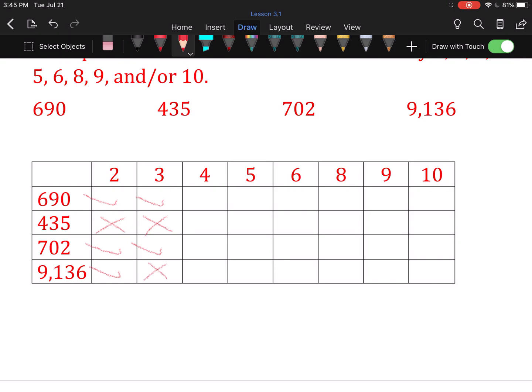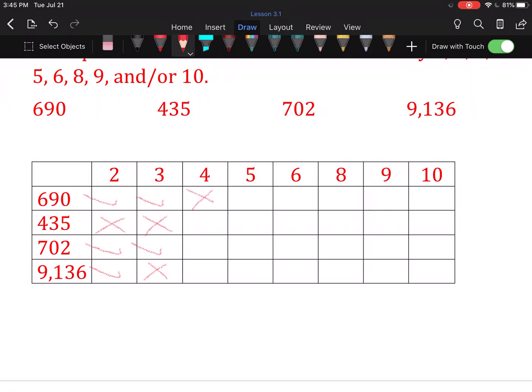The rule for 4 is that your last two digits are either 0, 0, or a two-digit number that does divide by 4. So the last two digits of 690 are 90. That's not 0, 0. And 90 does not divide by 4. 4 goes into 88. 4 goes into 92, but 4 does not go into 90.